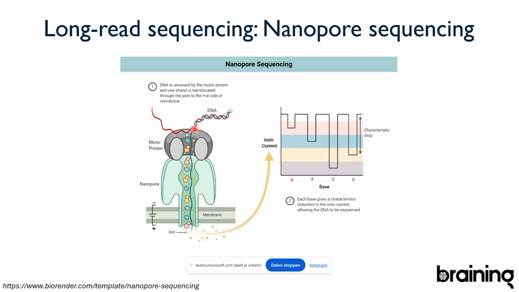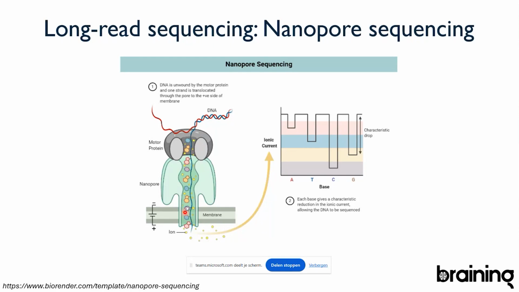At the top of this pore, you have a motor protein. And this motor protein is important because it will push, in this case, a DNA molecule through the pore. And you can imagine that normally if you have ions going through the pore, if there is something else in the pore, these ions will not go through as easily based on the size of what you put inside the pore, right?